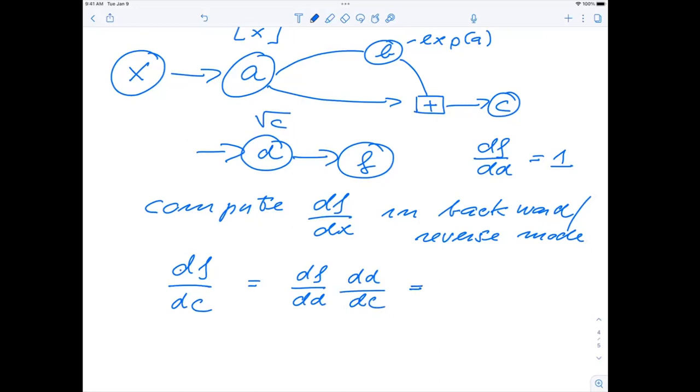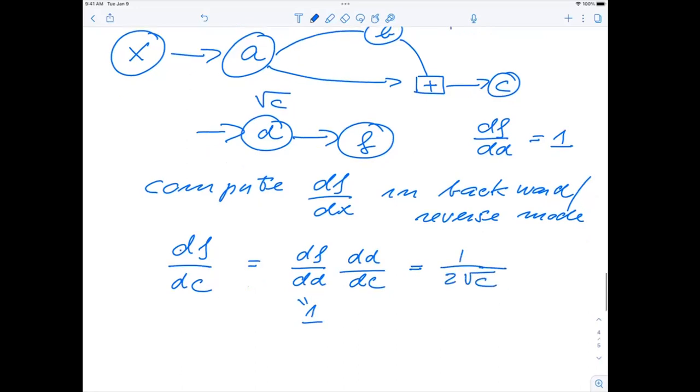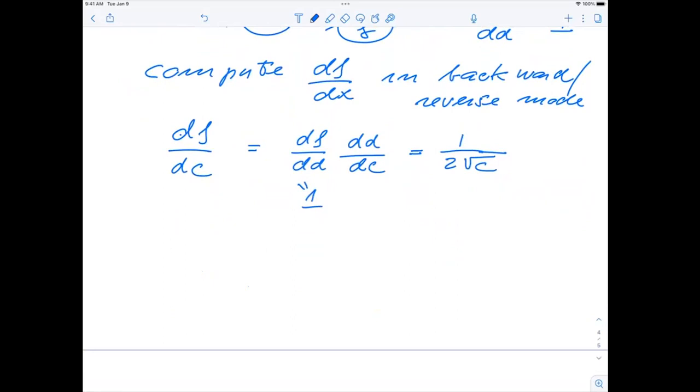And we know that since df/dd is equal to 1, this is nothing but 1 over 2 times the square root of c. The next thing we need now is df with respect to dB, which is the same as df/dc times dc/dB. That's the next quantity which we need.